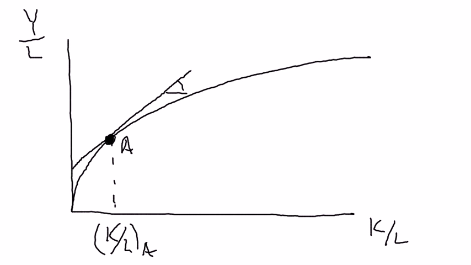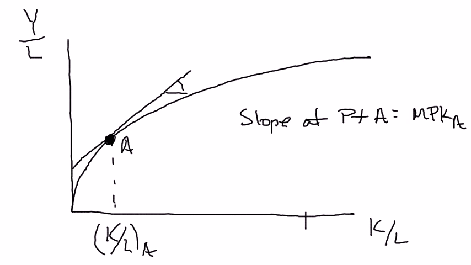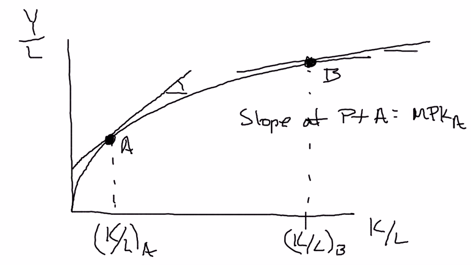I'm not going to prove that because we're not really using calculus in this course. But if I was using calculus, I could go ahead and prove it. So here I'll just write: slope at point A equals the marginal product of capital, A. Now, let's pick another capital labor ratio, and call it capital labor ratio B. If I go up, here's point B, and let me draw the tangent line, and notice it has a slope.